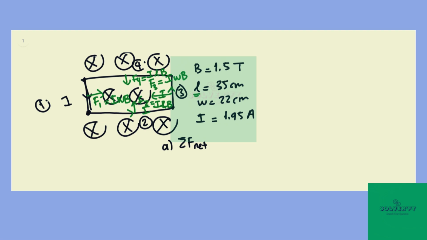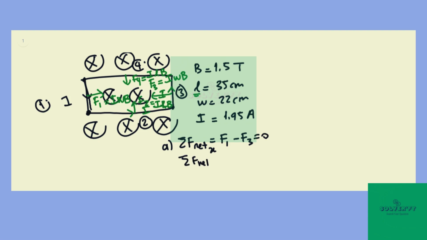the magnitude. So as you can see, when we're calculating the F net, we're basically doing F1 minus F3 along the x direction. Let's call this x. F1 minus F3 is going to give you 0.